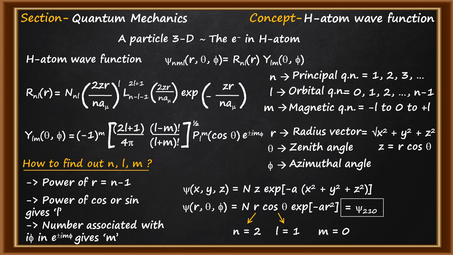Now once we have got the wave function, the next step is the calculation of the eigenvalues. Here we are given two operators, basically two angular momentum operators, L square and Lz.